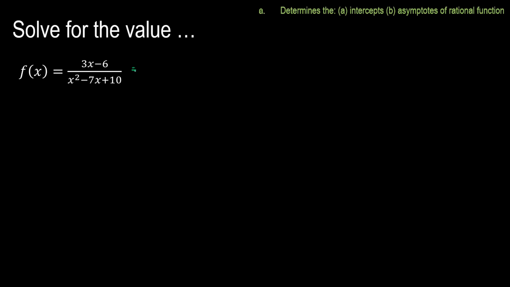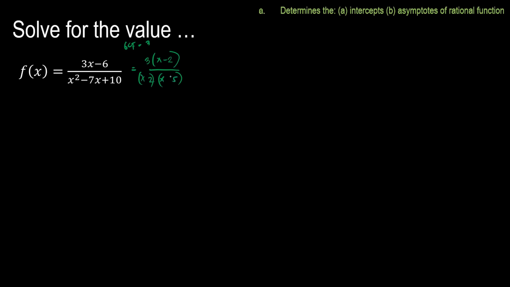So first, on the numerator, what is the greatest common factor of 3 and 6? The greatest common factor is 3. So, ang common factor nila ay 3, therefore, ang maiiwan sa loob ay x minus 2. Again, if you do the distributive property, you will come back on the original expression, which is 3x minus 6. What are the factors of x squared minus 7x plus 10? So, we have x, we have 2 times 5.